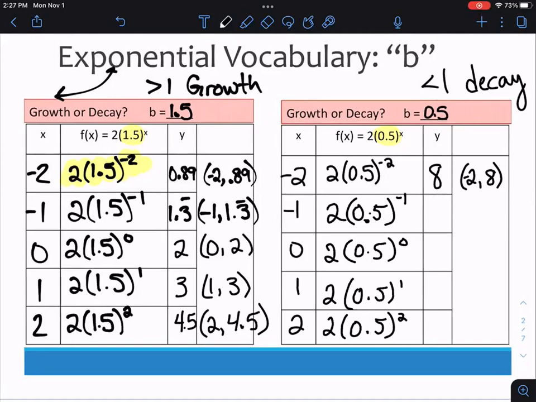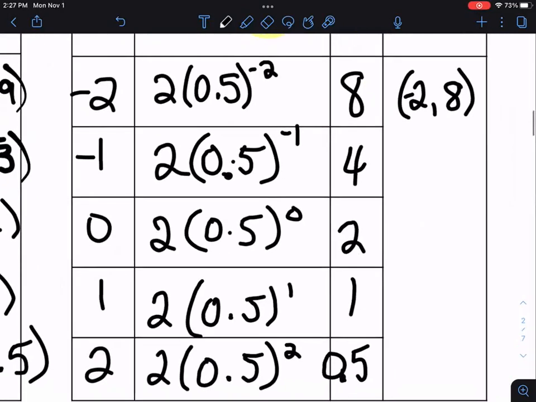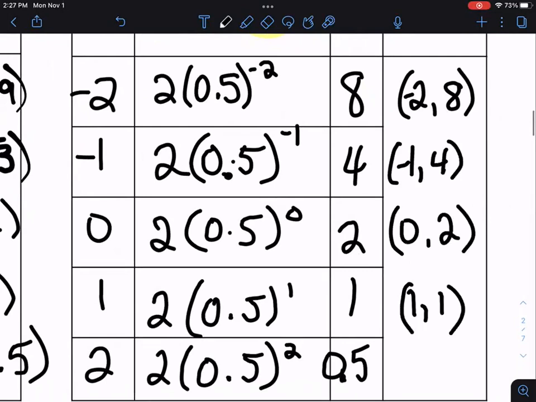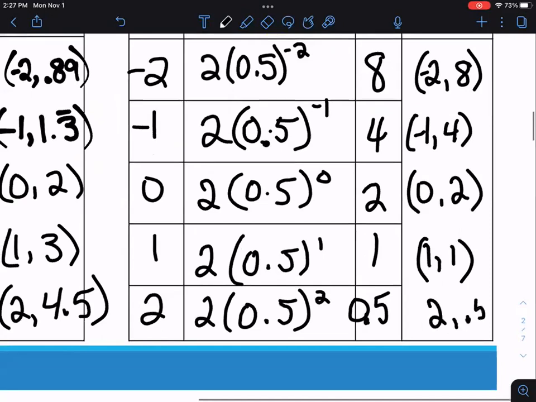All right, so hopefully you got values 4, 2, 1, and 0.5, either way works. And then your ordered pairs will follow: -1, 4, 0, 2, 1, 1, and 2, 1/2. So that's how we find all of the X and Y coordinates before we graph them.